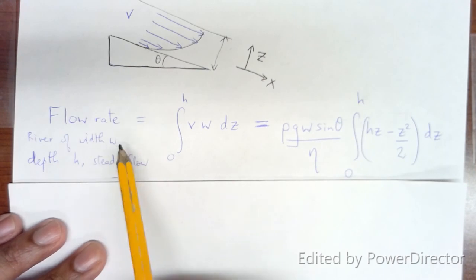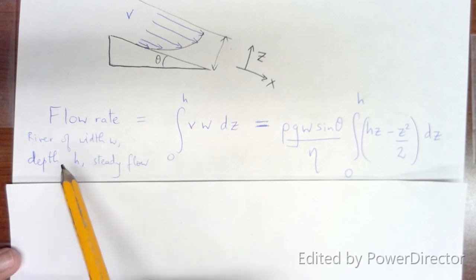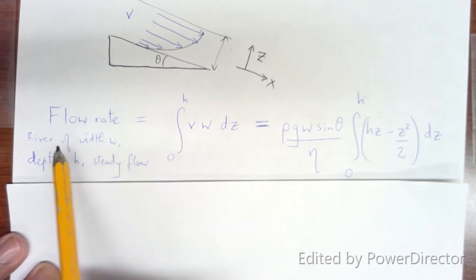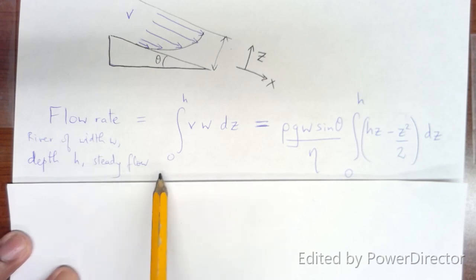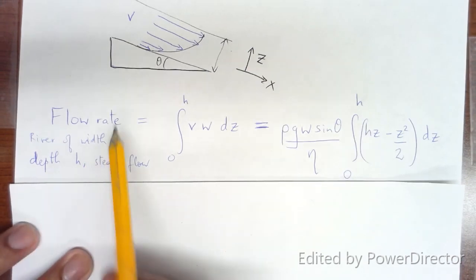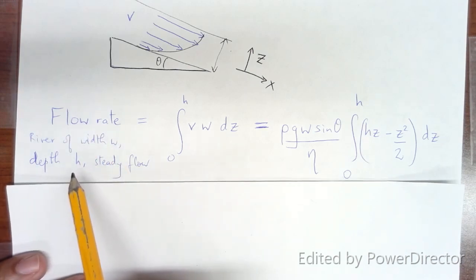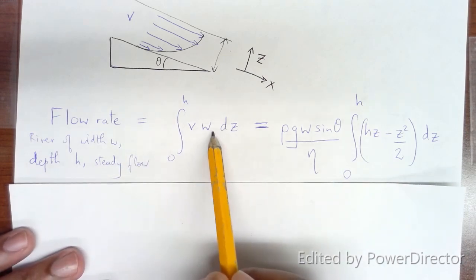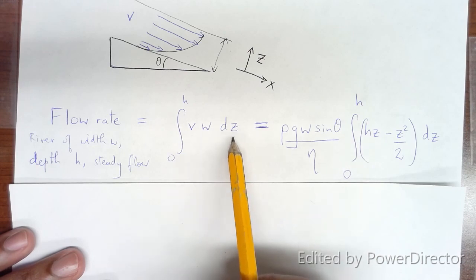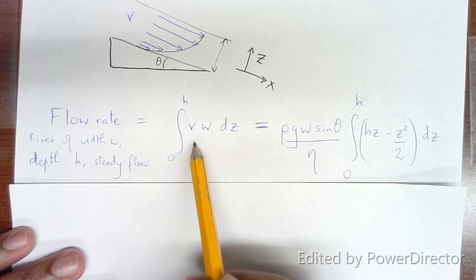Supposing we wanted the flow rate, that is how much water actually passes by a certain point. So let's say we have a river of width W and a depth H, and it is flowing steadily. So to find the flow rate, that is what volume of water flows past a certain point, what we need to do is integrate the velocity times the width times dz, because we're basically trying to find the volume per unit time, and the velocity gives us length per unit time.